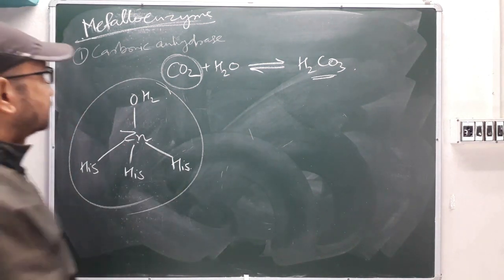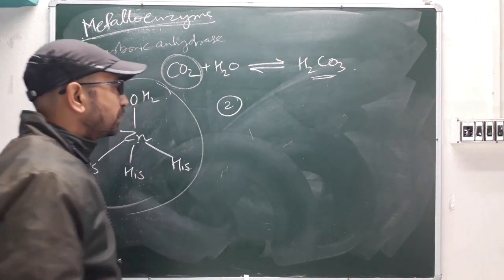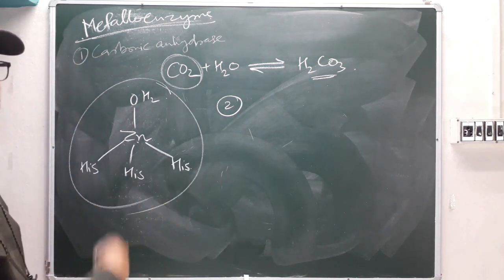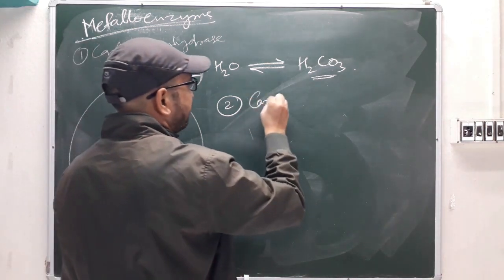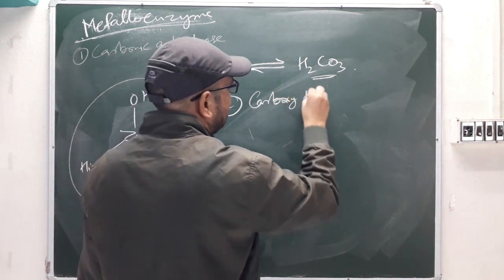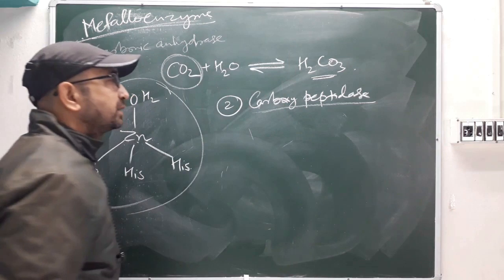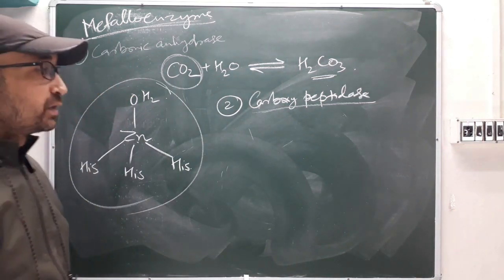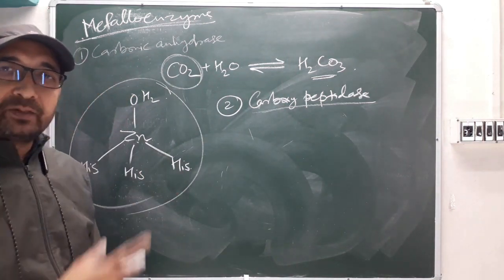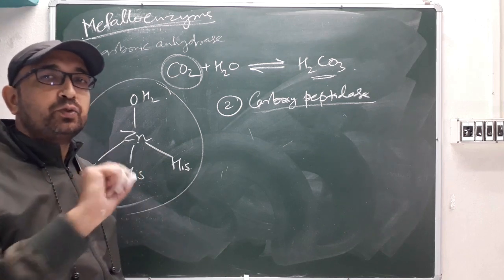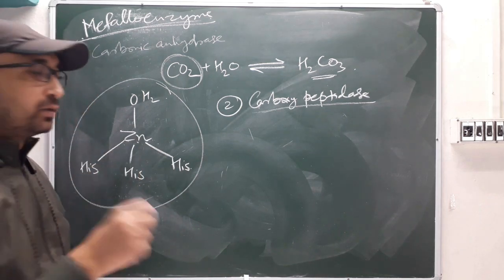So that is carbonic anhydrase. Second, here only we'll draw it, so both are together: carboxypeptidase. What is the function of carboxypeptidase?